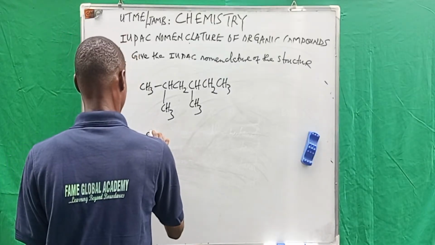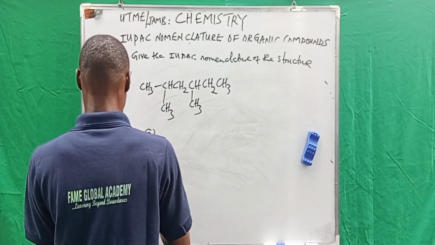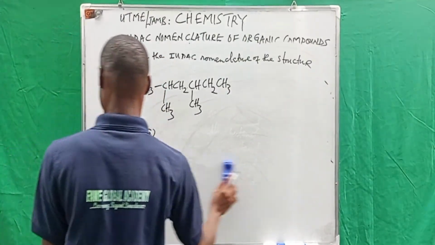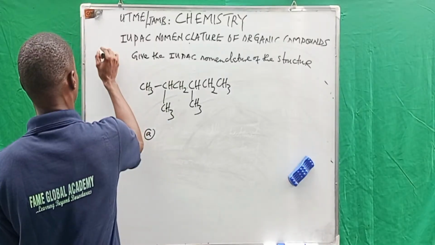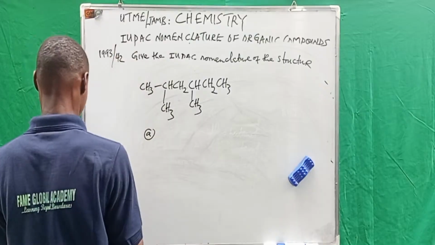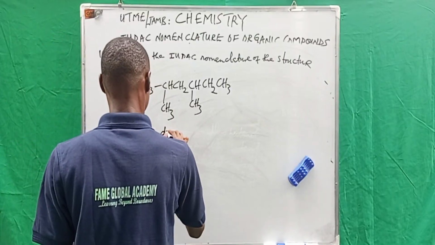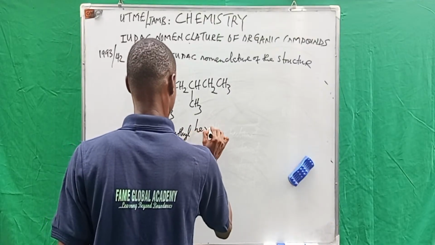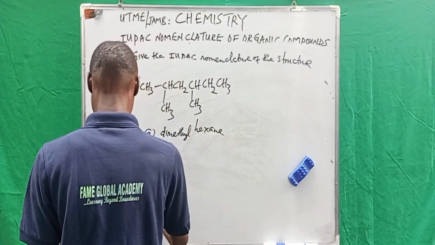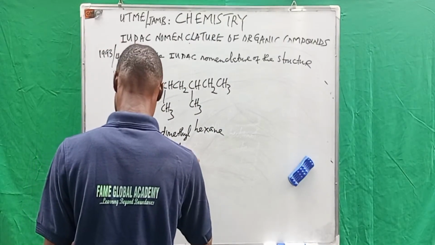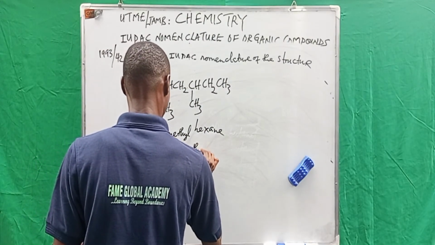Then we have option A. This is taken from 1993, question number 42. We have a dimethylhexane. We have B, 3,5-dimethylpentane.